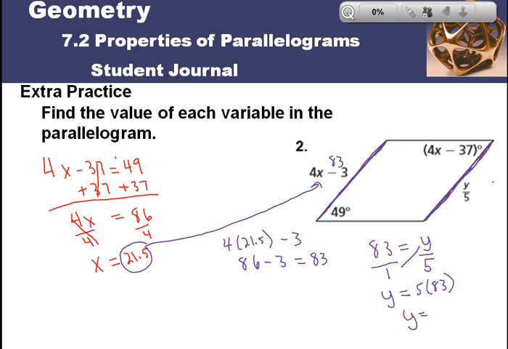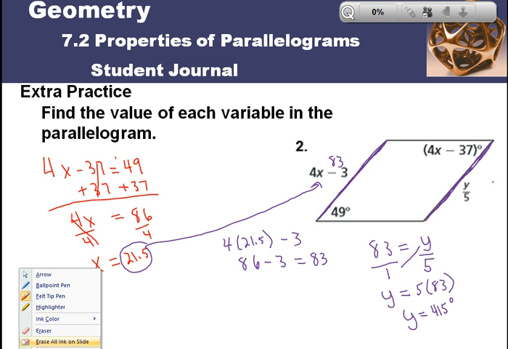There we go. So y is 415 degrees. Not degrees though, sorry. 415 flat, just 415 units. So let's get rid of the degrees. So y is 415. So we found that x was 21.5 and y was 415.